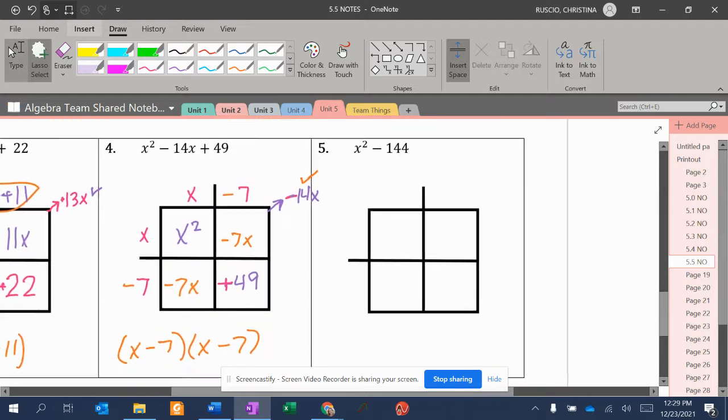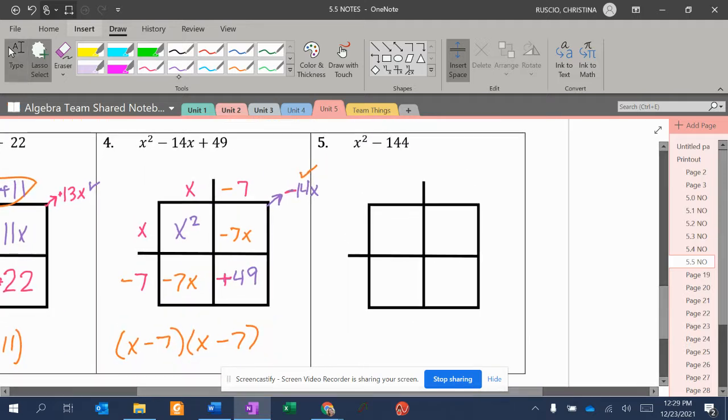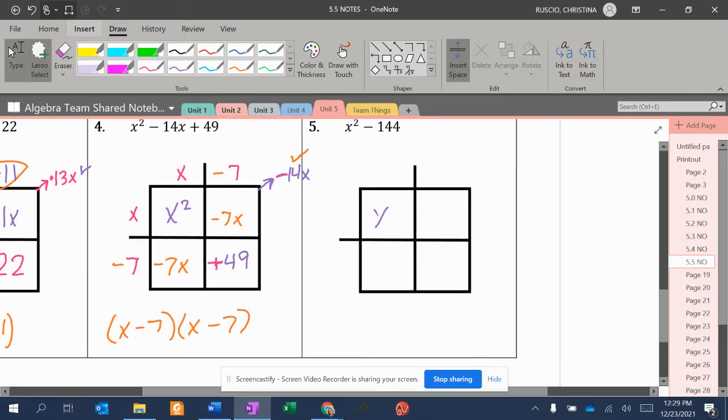Okay, now this last one, you might panic a little bit because you might say, oh, the x squared goes here. But then there's nothing here. So I think that might just be 0x. So they have to add to nothing? Okay. Minus 144. Wait, how do you get numbers to add to 0? 5 and negative 5, 10 and negative 10, 20 and negative 20. It's the same number, opposite signs.